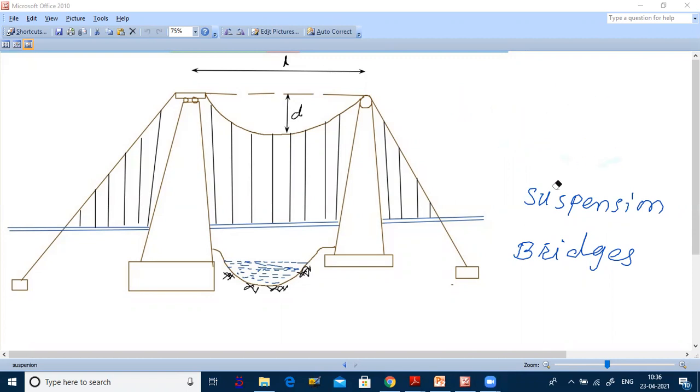So now first we will discuss what are the components of the suspension bridge. Then we will discuss the structural part. Okay, so now you can draw this. In case of cables and suspension bridges, this is your suspension cable.